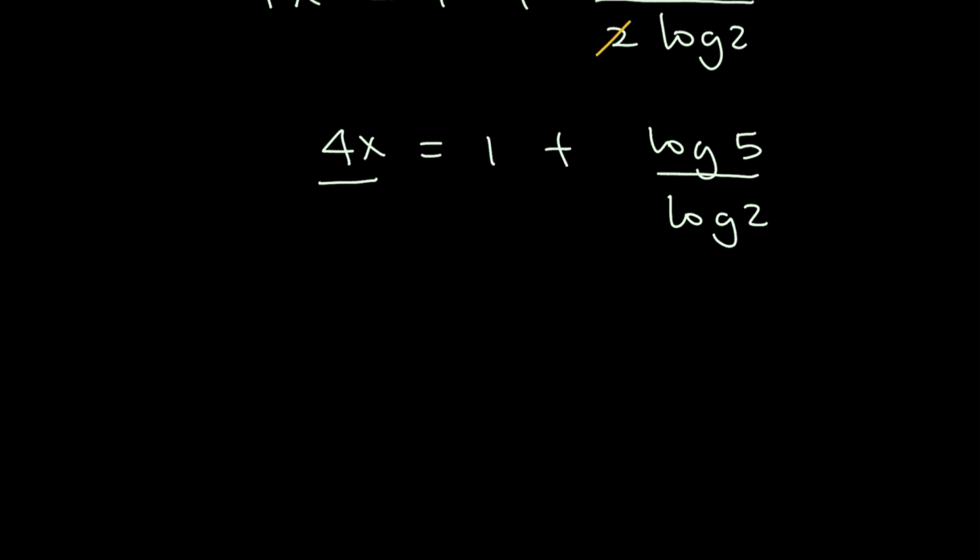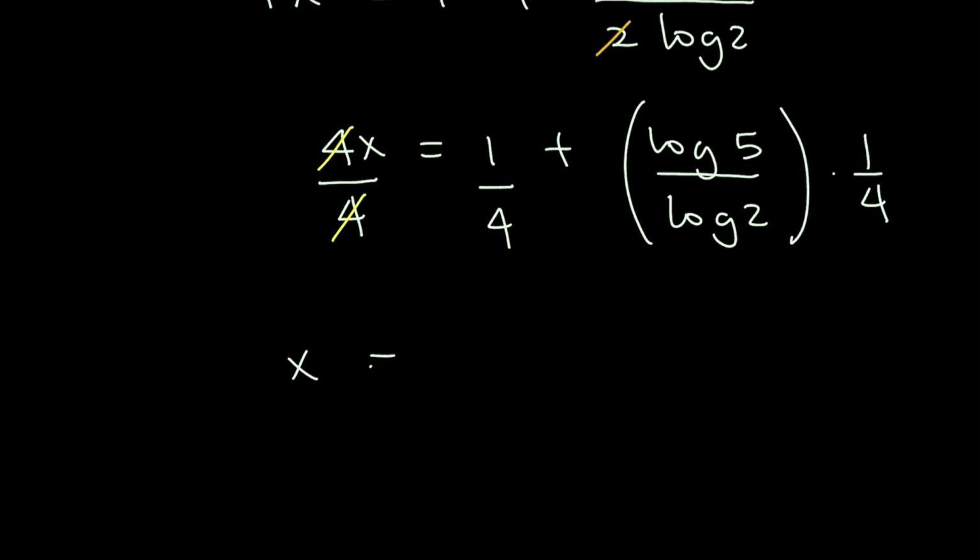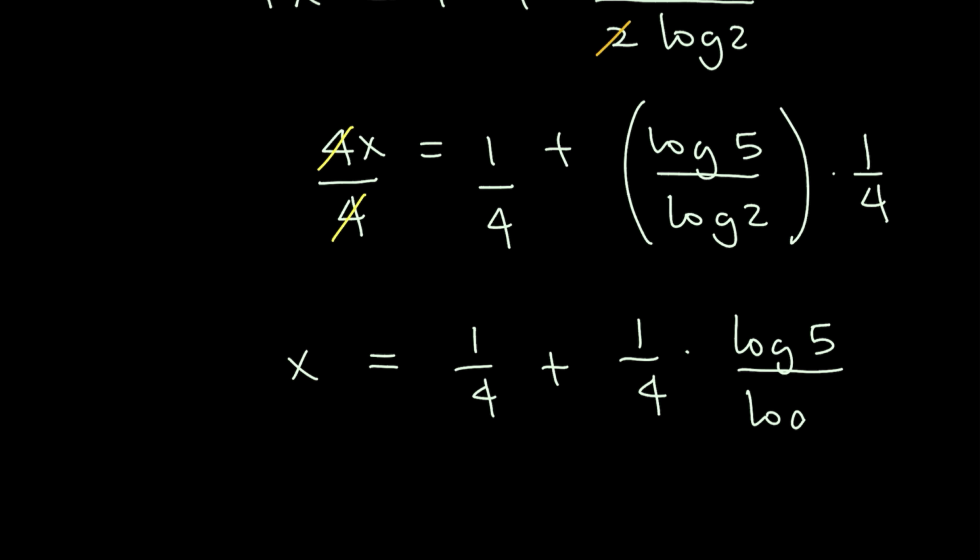Now we can divide through by 4 to get our x. This will be times 1 over 4. So this takes care of this. And our x is equal to 1 over 4 plus 1 over 4 times log 5 divided by log 2.